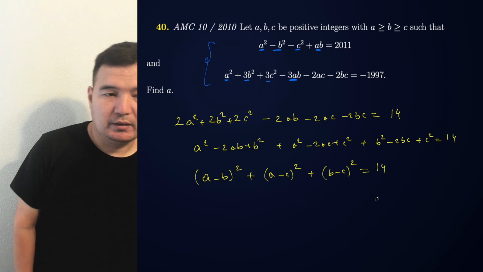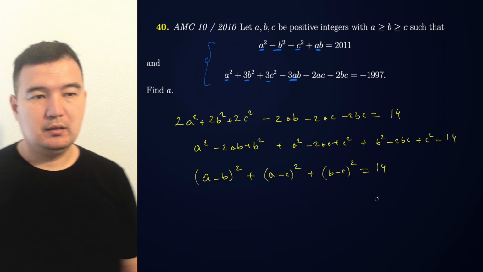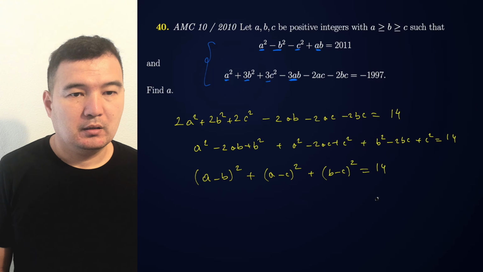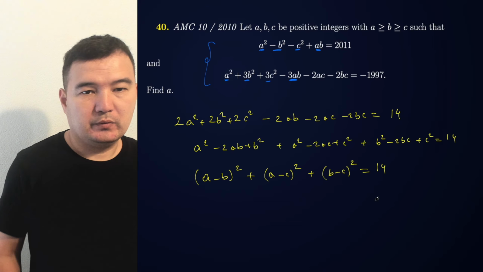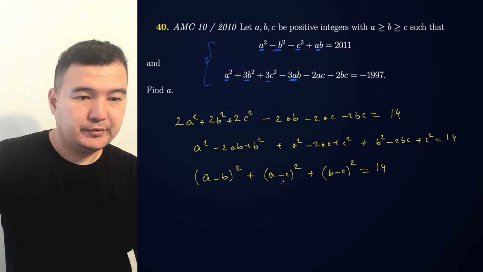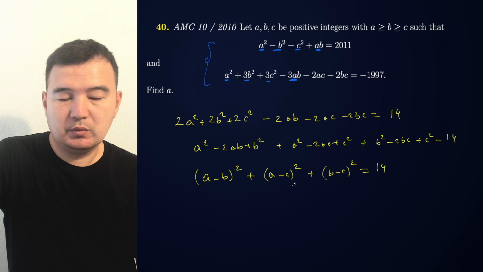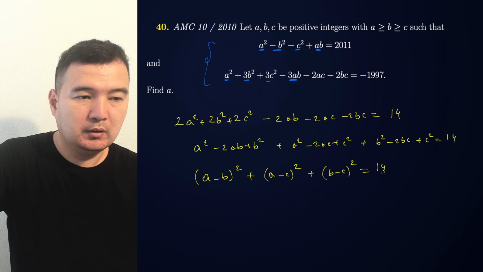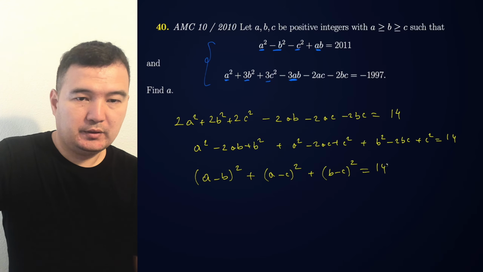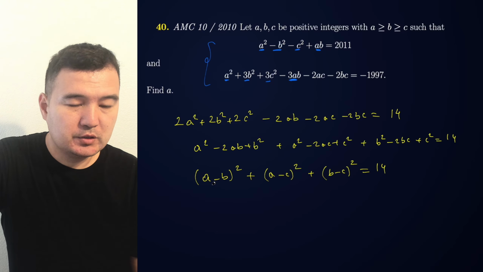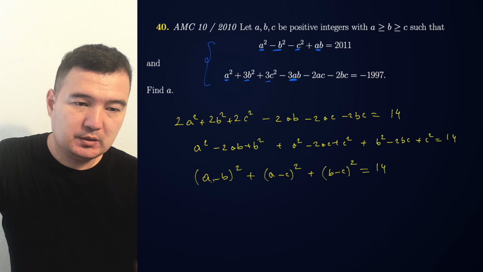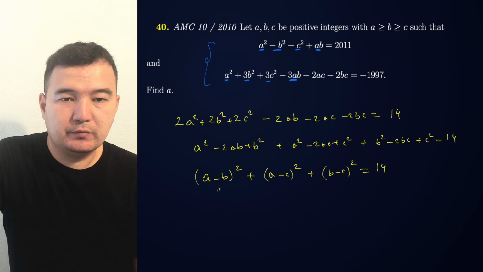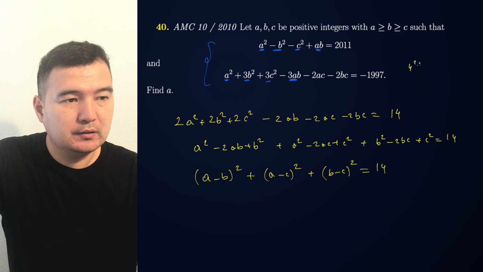So A, B, C are integers, which means we are looking for 3 numbers whose squares add up to 14. We cannot have 4, since 4 squared is 16.